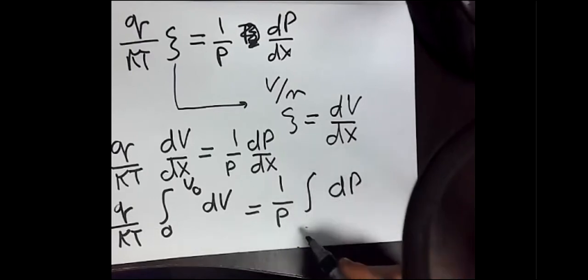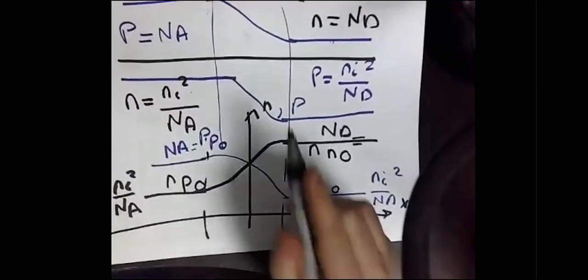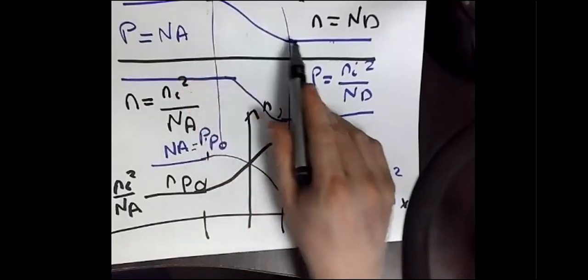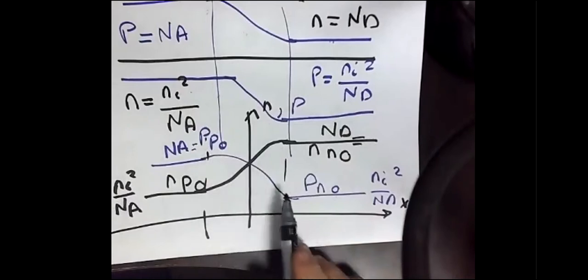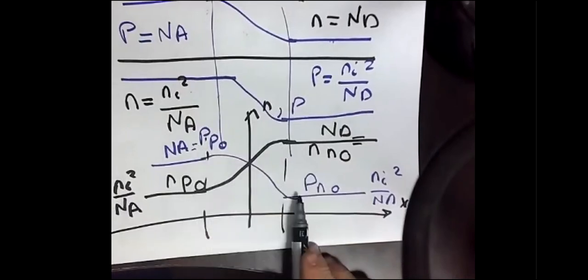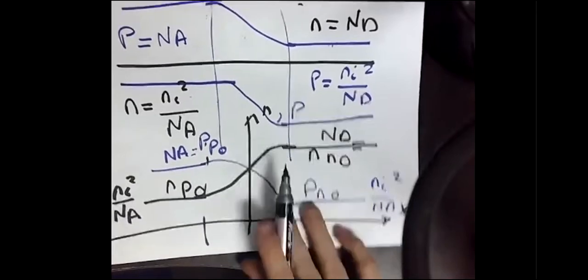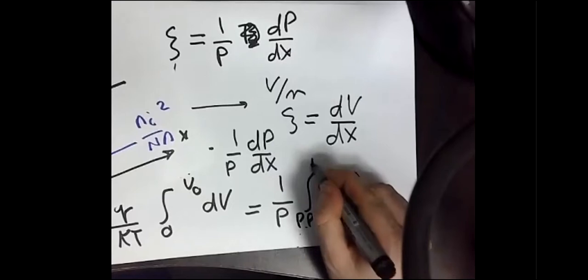What about the limits of this integration for this dP? So let's turn back here. You are now integrating in this region. So what is the limit of the P in this region? It's typically from P_p0 to P_n0. So this is an integration from P_p0 to P_n0.